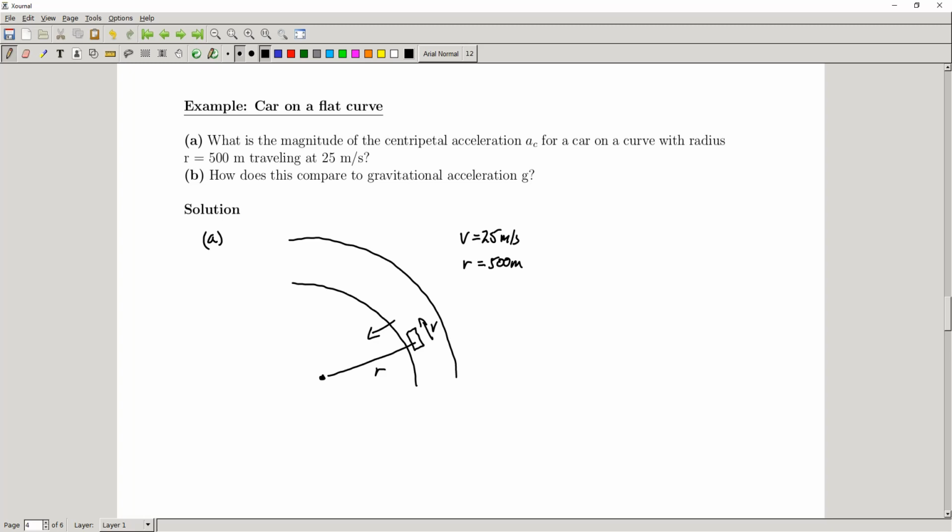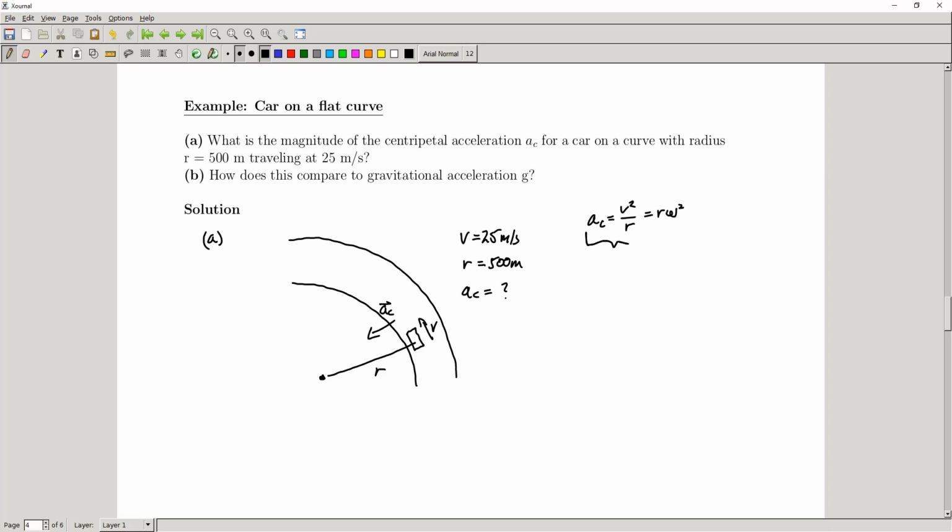So the car is going to be experiencing some centripetal acceleration pointing inward, and we want to know what the magnitude of a_c is, right? And so how do we do that? Well, right away, if we look at our above equations, we can write the magnitude of the centripetal acceleration in those terms, or we could write it in these terms. And which one works best here?